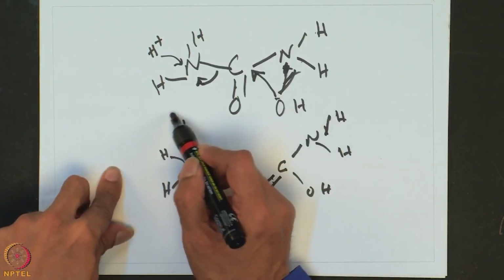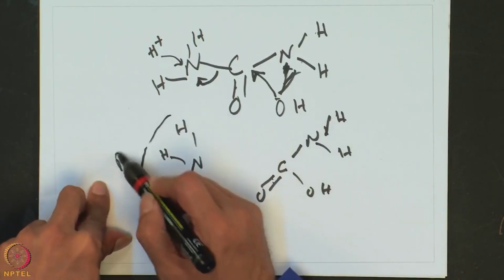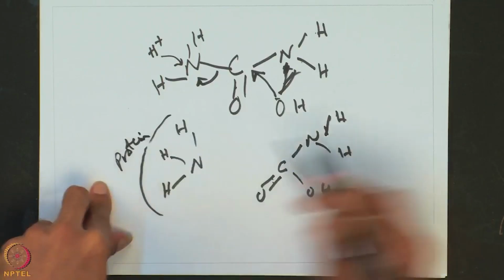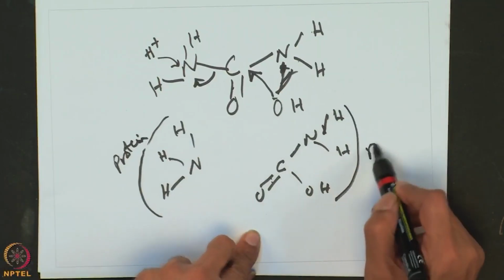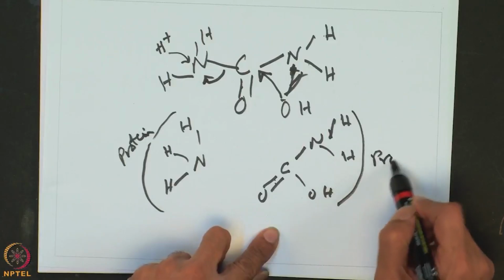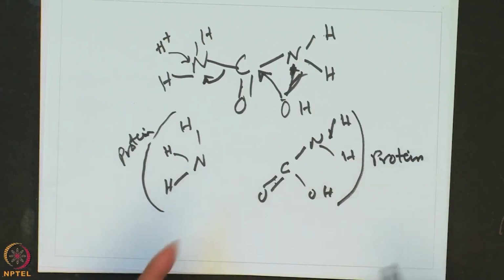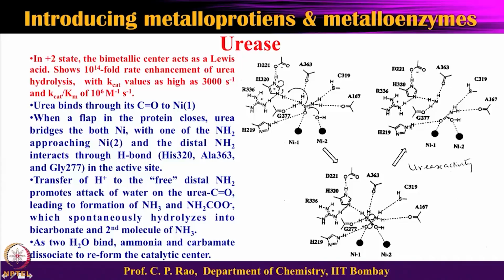So, this is bound to protein, this is bound to protein, and this is further. So, this is the intermediate step. Now, when this intermediate is exposed to water, then further cleavage will occur, which I will explain to you in the next slide. So, this is the intermediate step that I have shown you earlier.